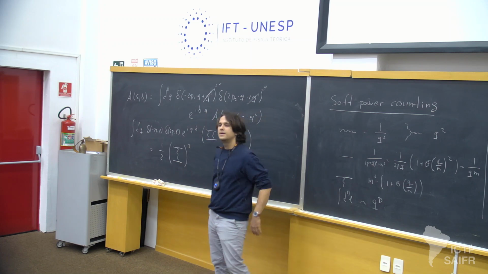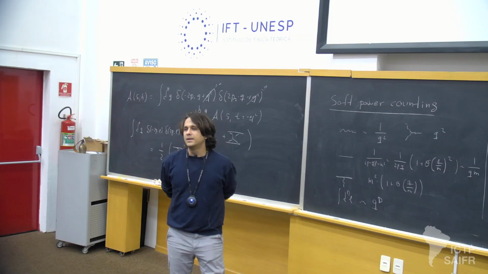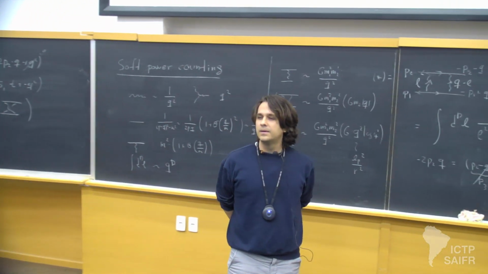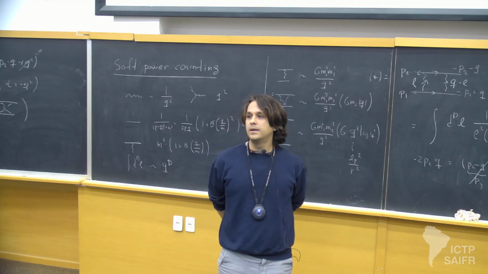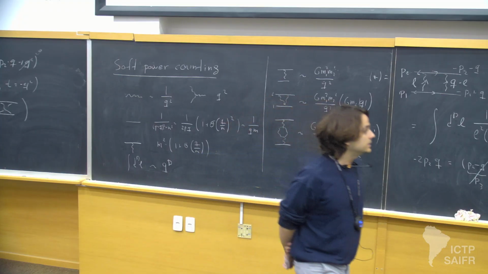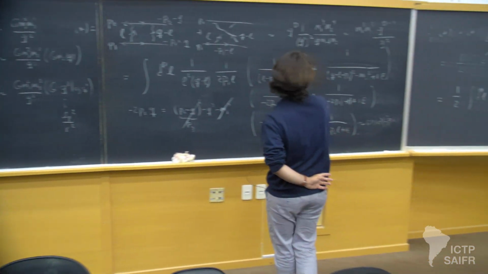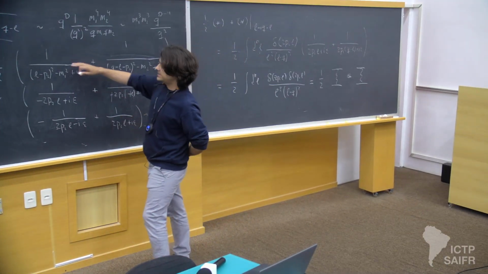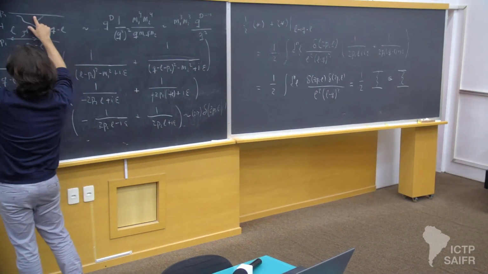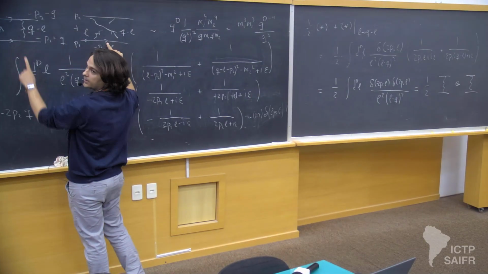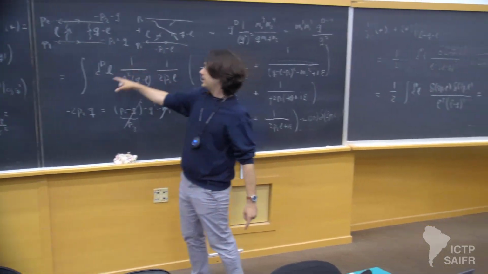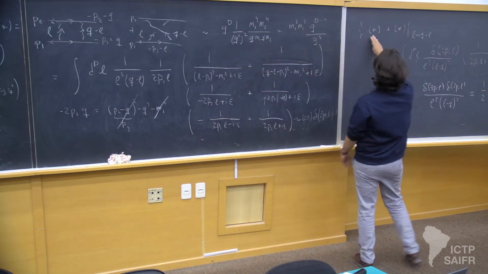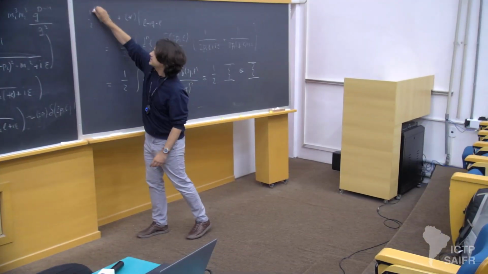Yes? Yeah. So the second delta just came from some manipulation, which is that these two propagators I had turned into a delta, but then I still had this propagator here. And just by relabeling the integral in two different ways, I summed the integral labeled in two different ways.